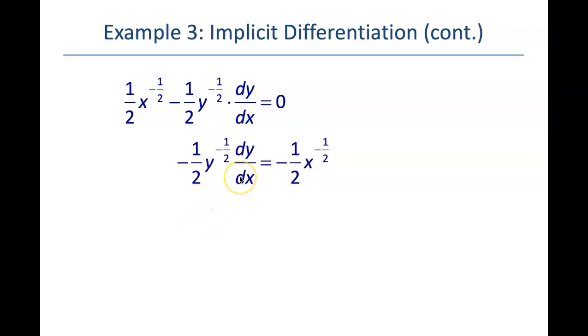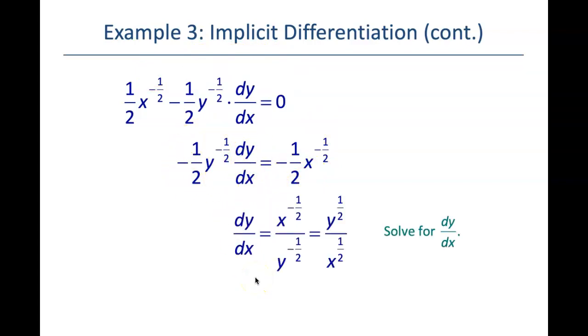All right, so we just moved this term over to the right-hand side, and now we're going to divide by this guy so we can get dy/dx all by itself, or solve for dy/dx. And it is not pretty. We have x to the -1/2 power over y to the -1/2 power, so we can just switch places so that they're positive exponents, y to the 1/2 over x to the 1/2.